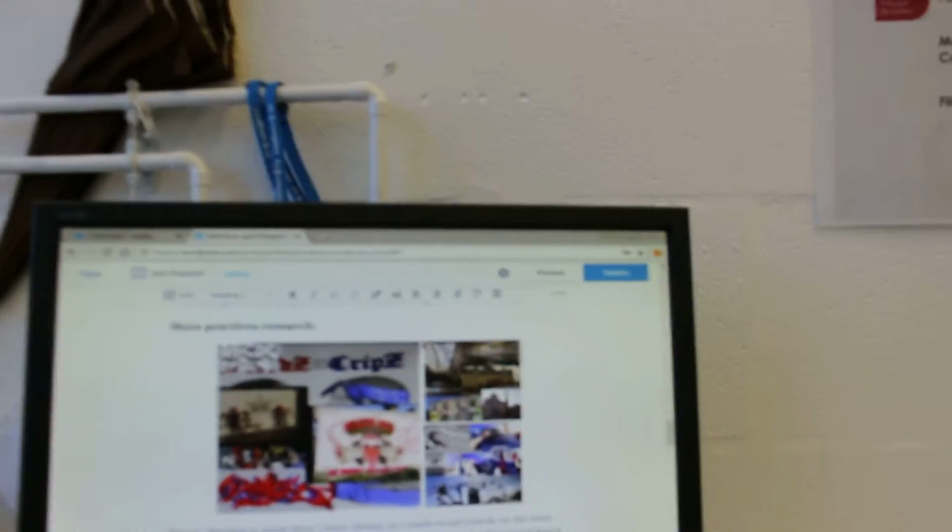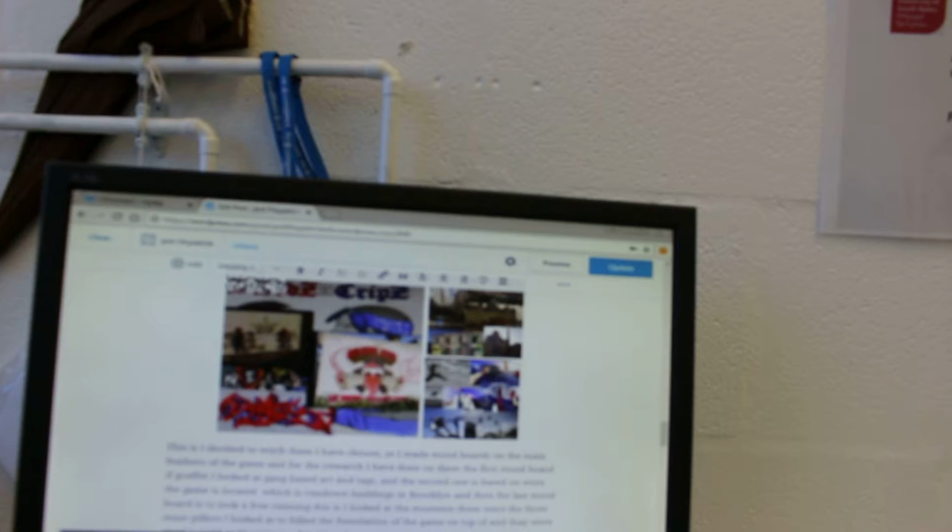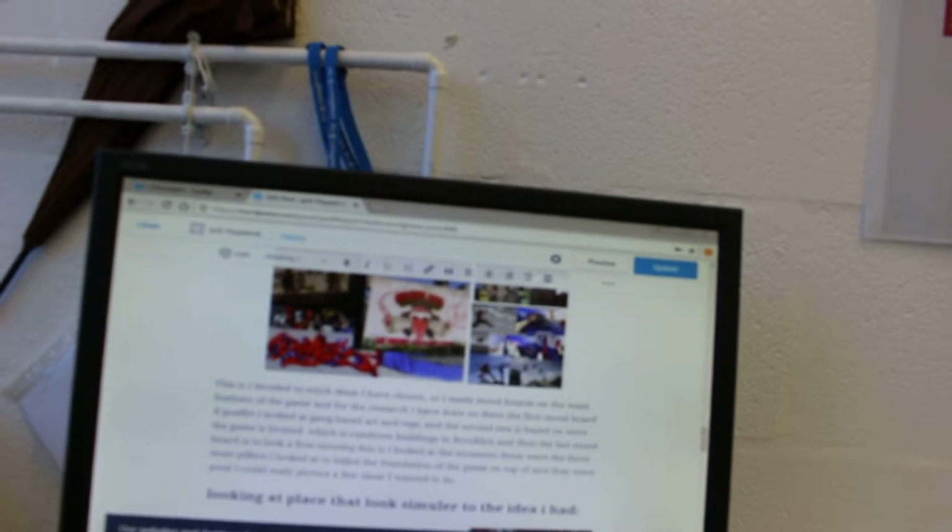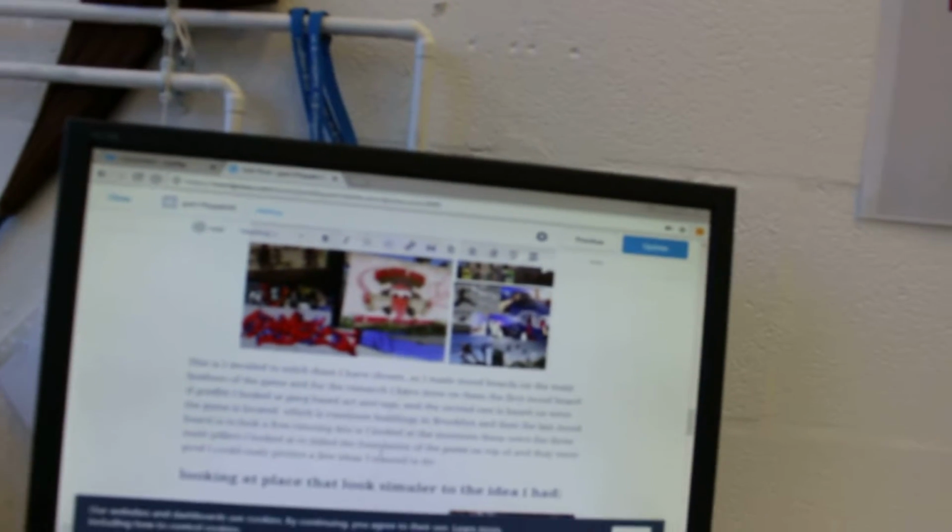Then, because I narrowed it down to free running, I looked at graffiti a lot and made mood boards of abandoned buildings and whatever materials would be used. So I've done that, I've talked about that by here, and I've written about why I have done this.